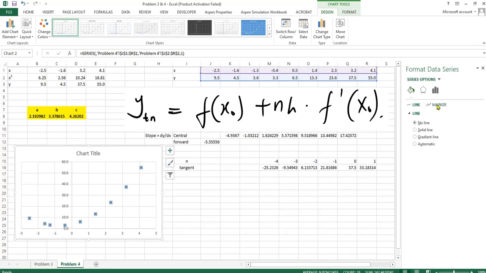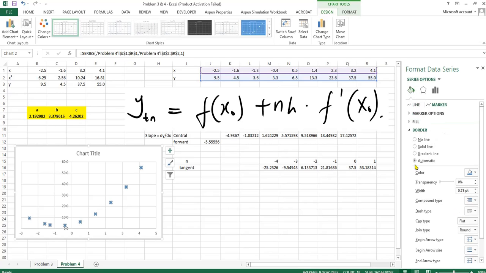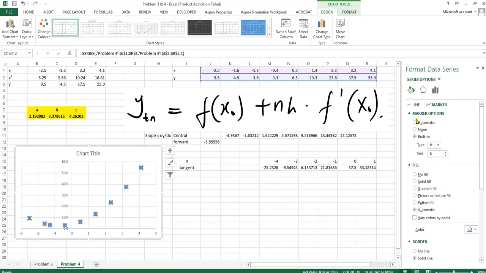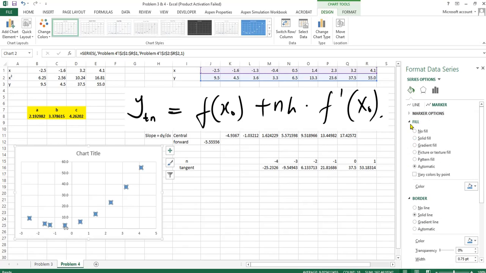Let me edit this. Let me say the marker. Let me make it solid. Sorry, the marker. Select this. Okay, let me leave it at a circle. Let me increase it to 8. Now it's good.